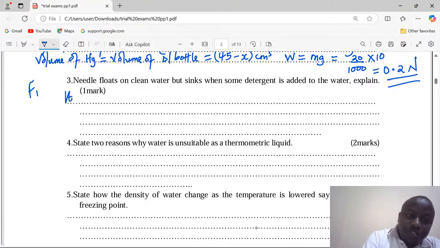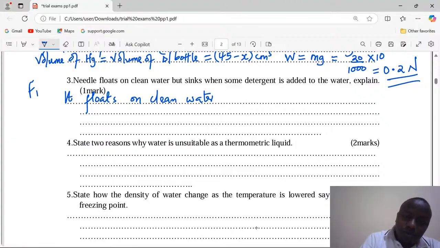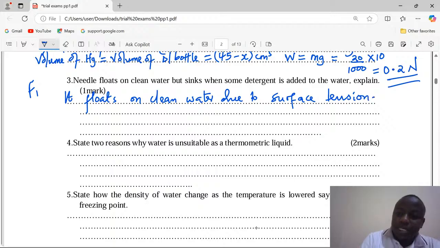It floats on clean water due to surface tension. Now, this is the force which makes the surface of a liquid behave like a thin, stretched, elastic skin, and it can hold some substances. That is why a needle, when placed carefully on the surface, shall float.